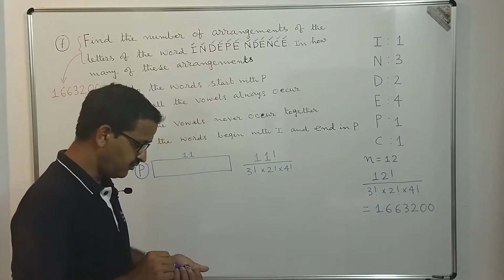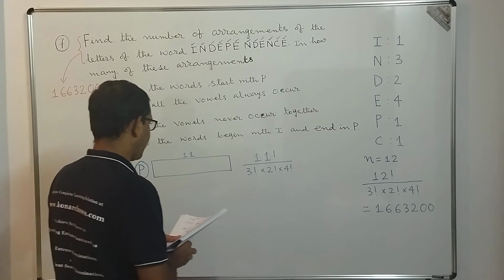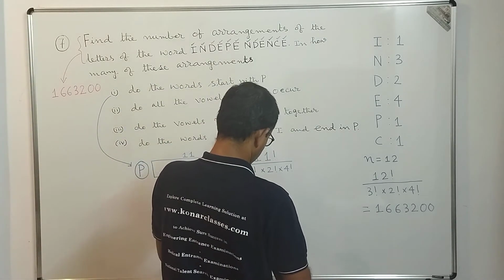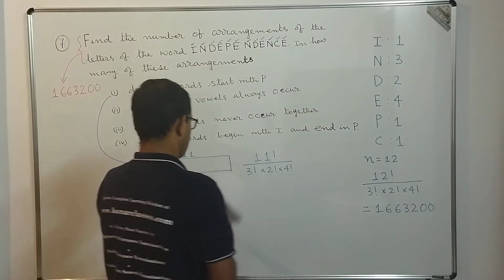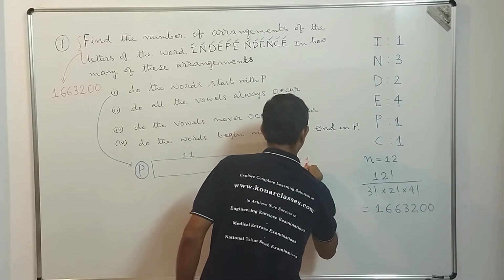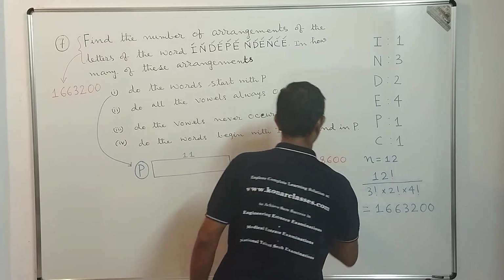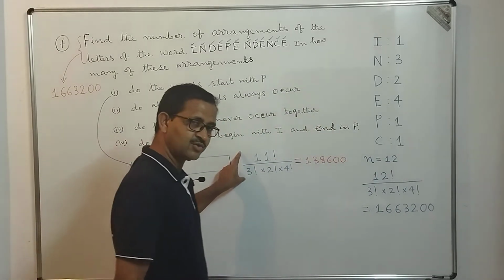Now if we compute this, what is the value we are going to get? We are going to get the value here as 138600. So dear students, I am not spending time to calculate these factorials.